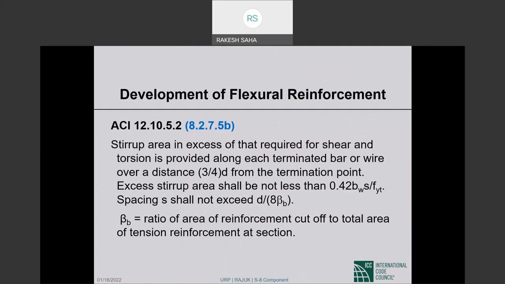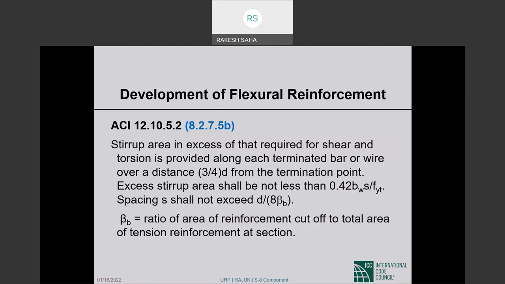Stirrup area in excess of that required for shear and torsion is provided along each terminated bar or wire over a distance 3/4 of d from the termination point.